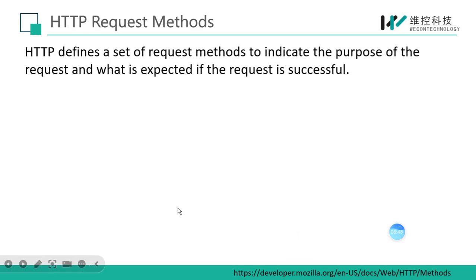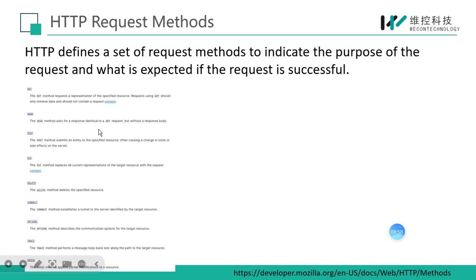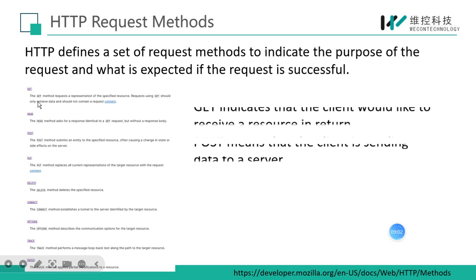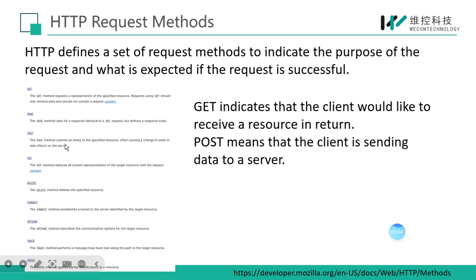The next is the request method. HTTP defines a set of request methods to indicate the purpose of the request. Some of the most commonly used are GET and POST. GET is used when we search for something on the internet.